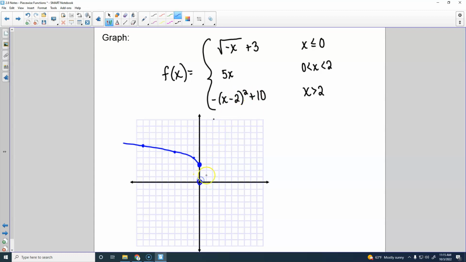Like the second graph, more or less, yeah. But if you're unsure, you can actually plug in a point into that.